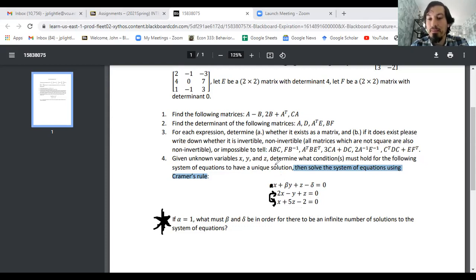So first think about x and z. How can you get these two equations to have a coefficient of 1 on x and a coefficient of 1 on z? Do you get what I'm saying? There is a way to do it.